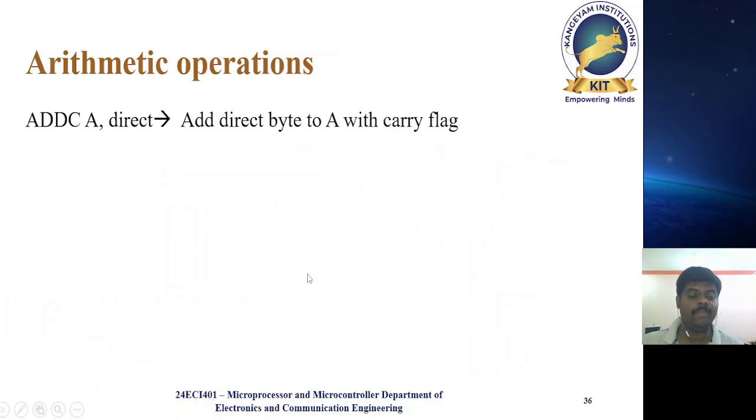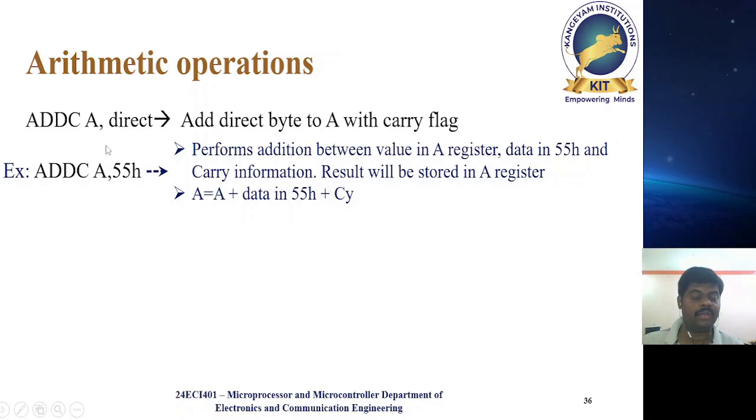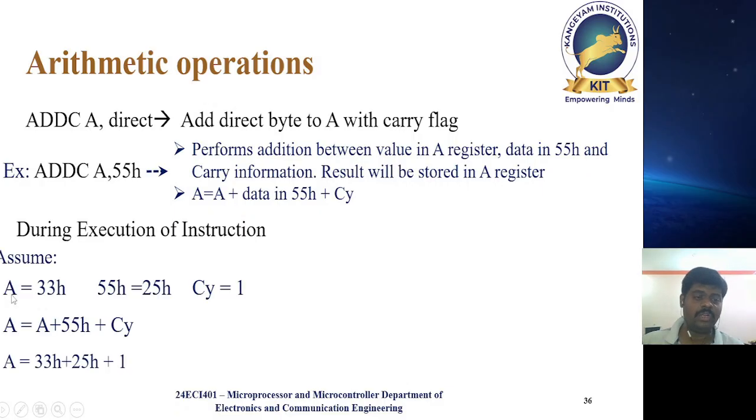Same, ADDC A comma direct. Already about direct we have seen so many examples, so we can see the example directly. A equal to A plus data in the direct memory location plus carry information. Assume that A value is 33 and the value stored in memory location 55 is 25.